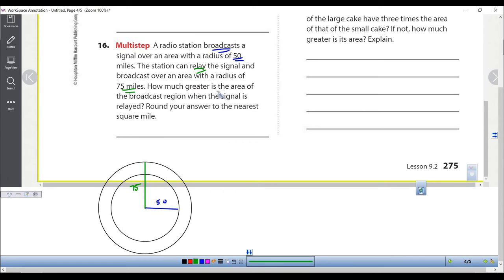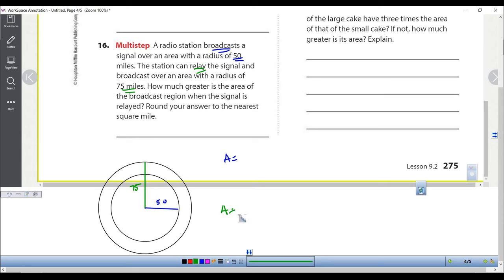And the question is, how much greater is the area of the broadcast region when the signal is relayed? In other words, how much bigger is the area of the circle with the green radius than the area of the circle with the blue radius? All right, well, let's find the area of each circle.